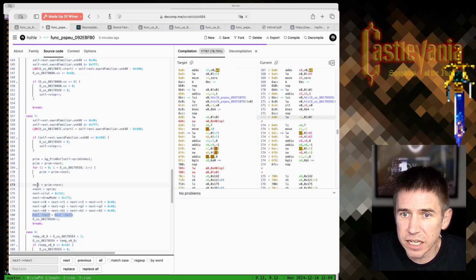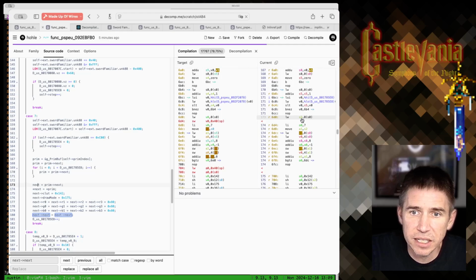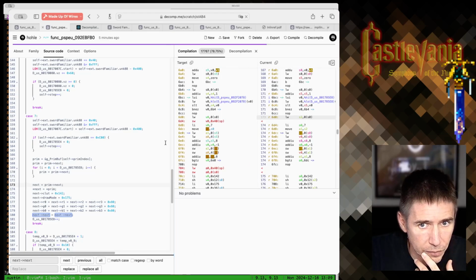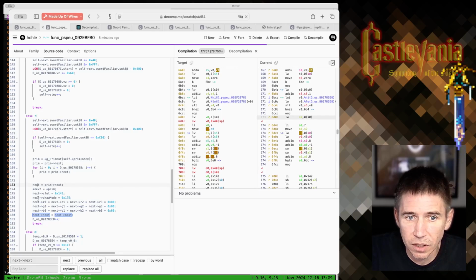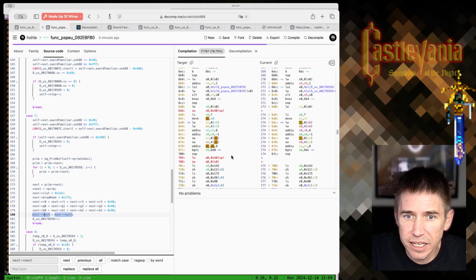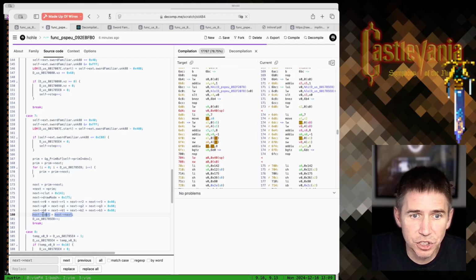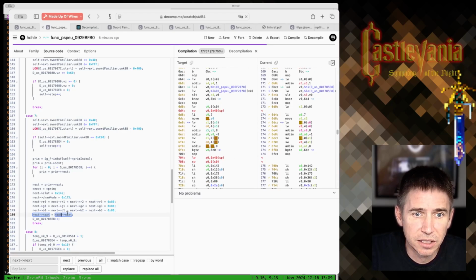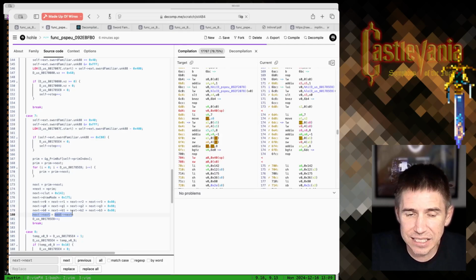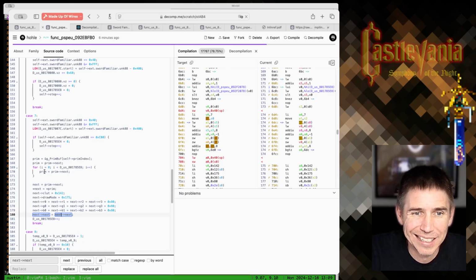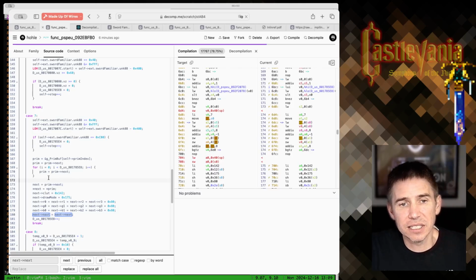This is getting saved to register S2 instead of being saved back to a stack variable. And then the last part of this is what next should actually be.